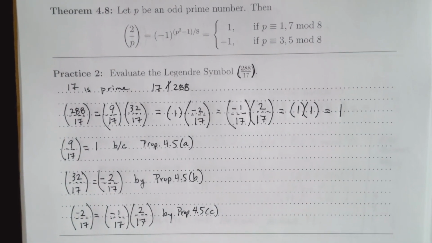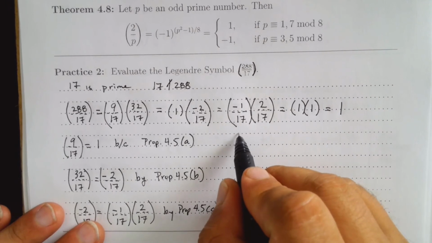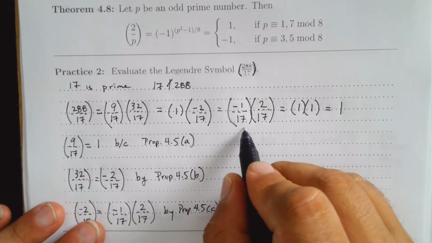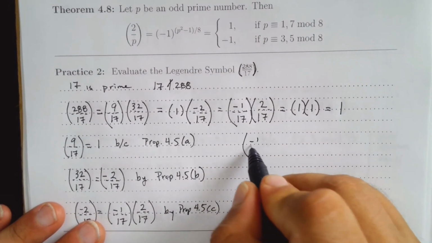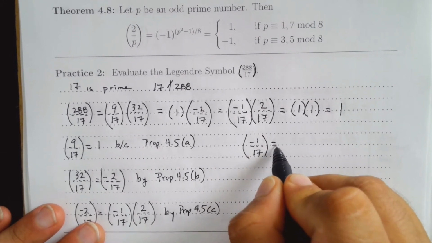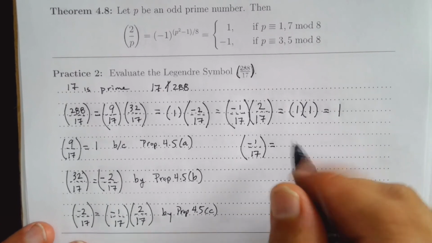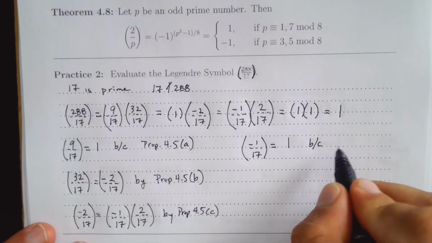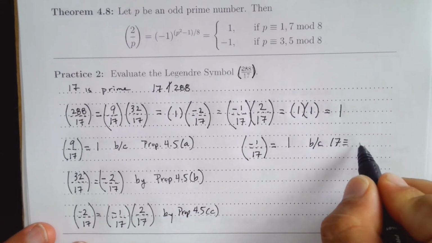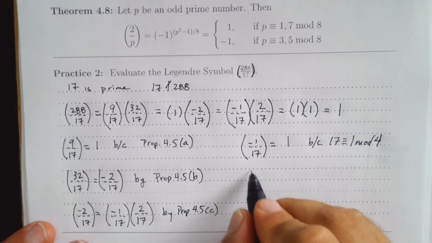Now you might say, well, wait a second. How is that going to be the case? Well, let's start with the Legendre symbol of -1 modulo 17. This will be equal to 1 because 17 is congruent to 1 mod 4.